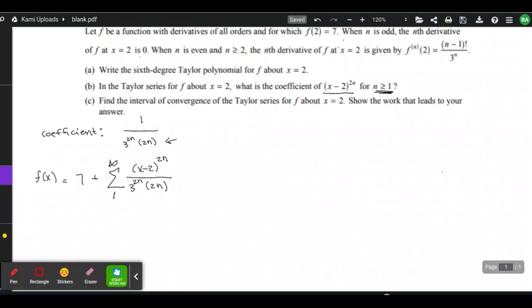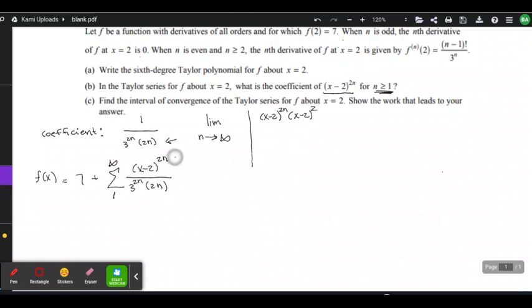Okay, so the best way to find the interval of convergence is to do a ratio test. So for a ratio test, we're going to start off with the limit as n approaches infinity of the absolute value of a_(n+1), which means x minus 2 to the 2n times x minus 2 to the second.